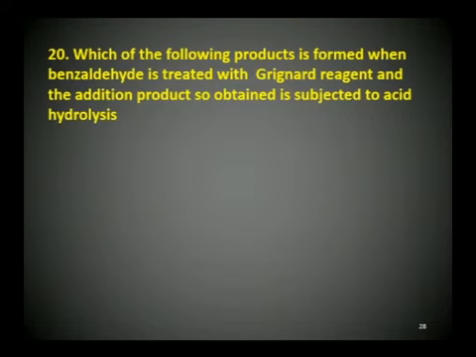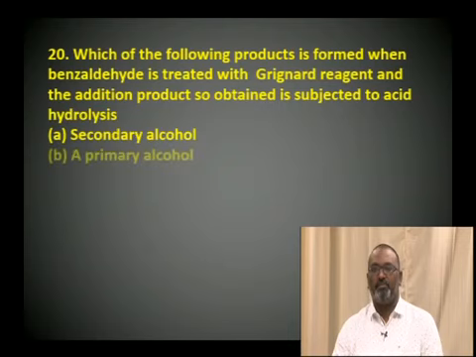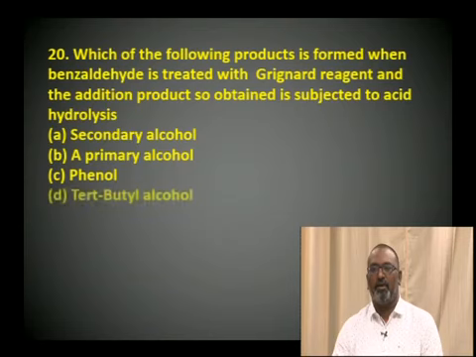Question number 20. Which of the following products is formed when benzaldehyde is treated with Grignard reagent and the addition product so obtained is subjected to acid hydrolysis? The options given are secondary alcohol, primary alcohol, phenol, or tertiary butyl alcohol.